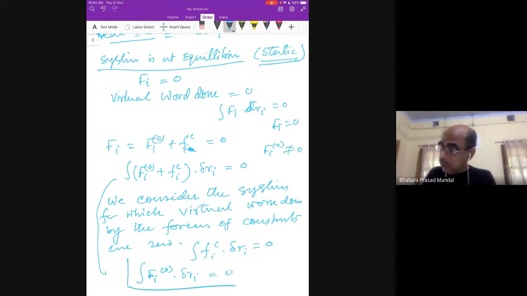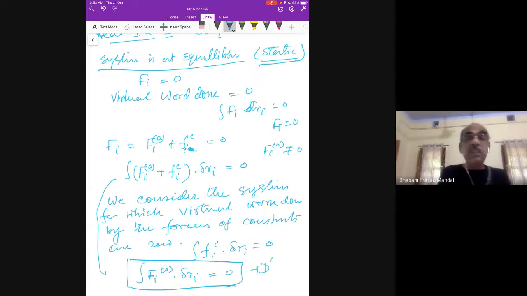This statement is sometimes called D'Alembert's principle, but it has many different forms. D'Alembert's principle is that the virtual work done by the forces of constraint is 0. This is the principle, and that principle will give you the equation of motion.